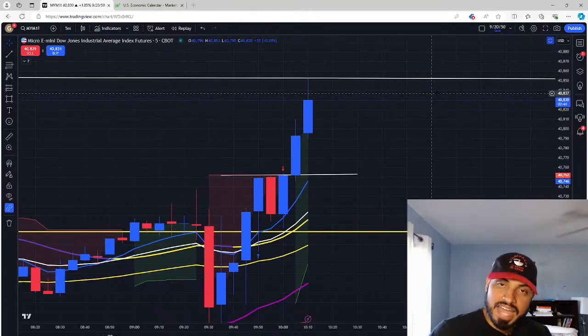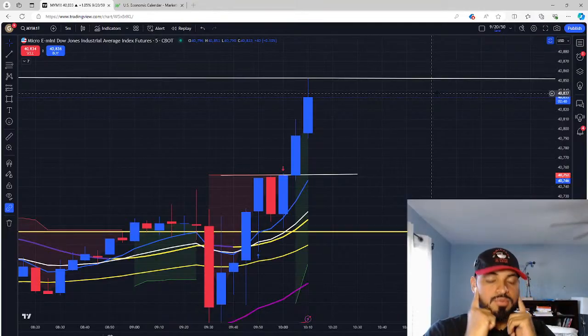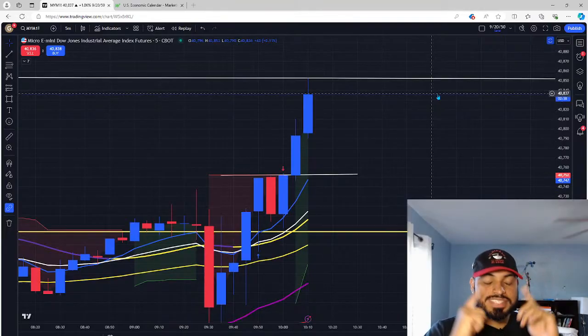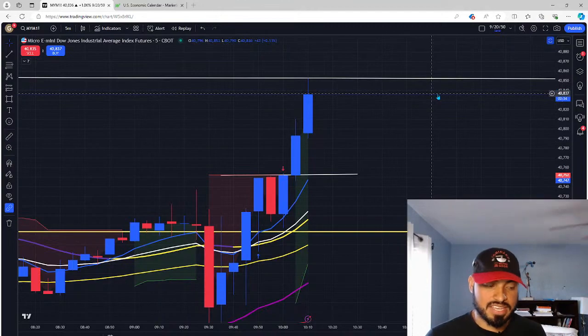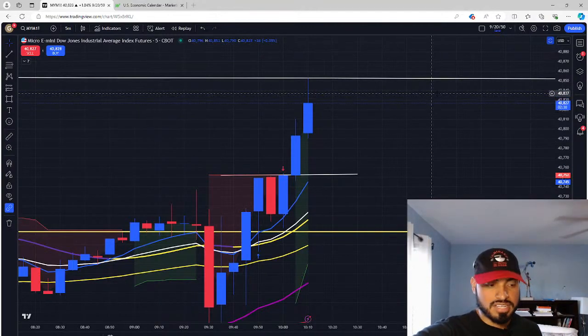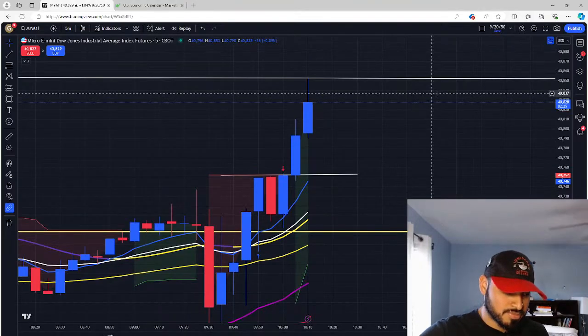But so I got that in my head, and I'm like, well, maybe I can use the bias of the 5-minute to dictate if I want to take a trade in a smaller time frame to get a more sniper shot entry.